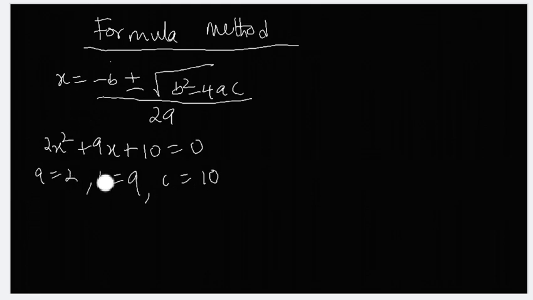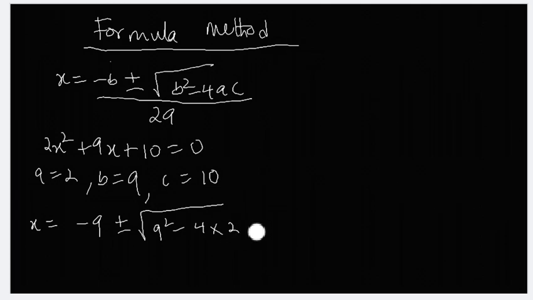So substituting all this, substitute the values of a, b, and c into this equation gives us x equals minus b, that's minus 9, plus or minus root b squared, that's 9 squared, minus 4ac, that's 4 times 2, since a is 2, times 10, since c is 10.